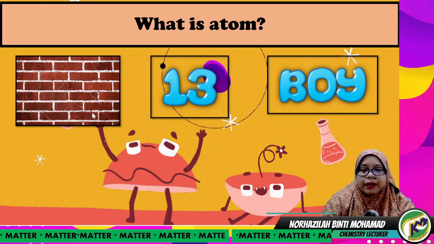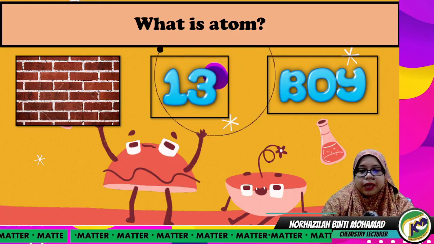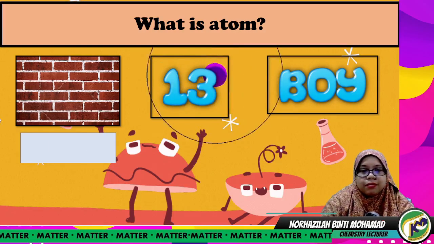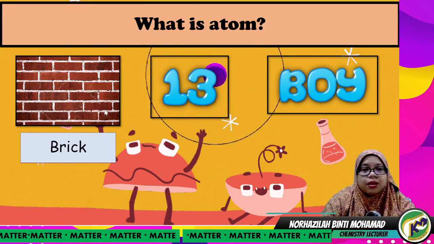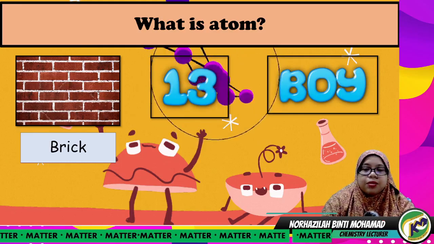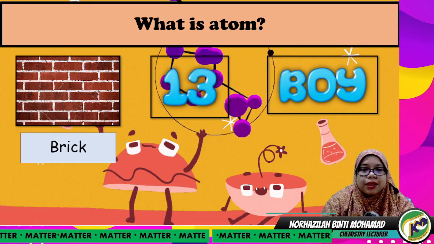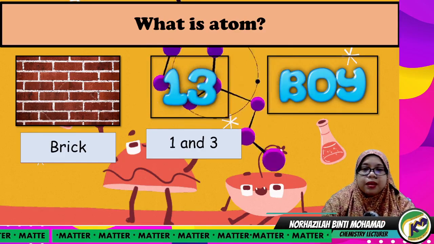See here. The smallest unit that makes up the wall is a brick. How about the number 13? The smallest particles that make up the number 13 are 1 and 3.